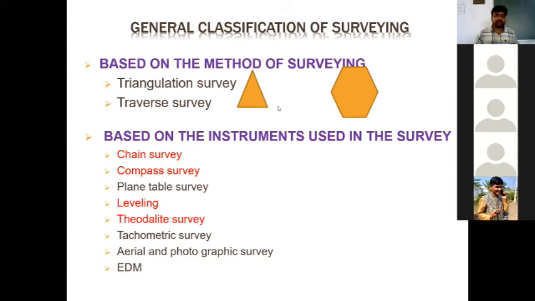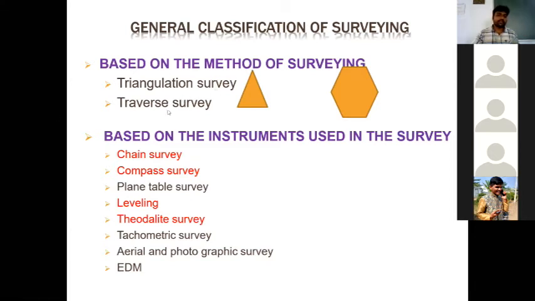Having these 3 points, we can easily get an area. We're going to make many divisions, and after adding all the triangles, finally we can calculate the total area. So there we make use of this triangulation survey.